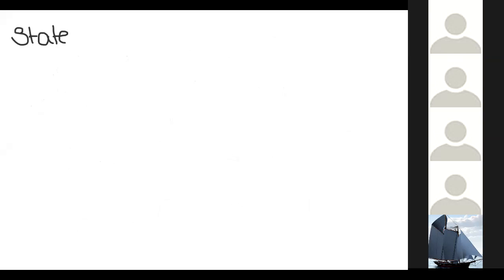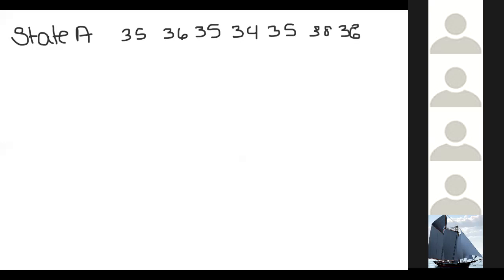So let's say we do not care about the word problem. I'm going to tell you that much now. So you have state A with the data: 35, 36, 35, 34, 35, 38, 36, 36, and 38.